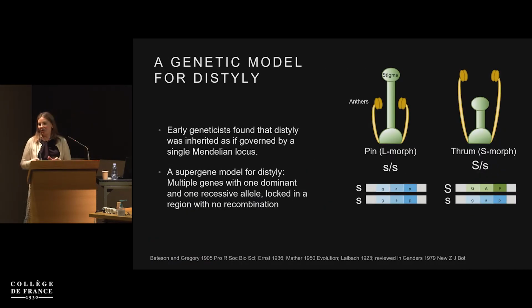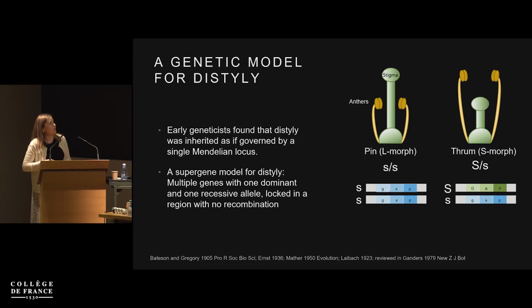Early geneticists were also really fascinated by Distyly, and through crosses they showed that it was inherited as if it was governed by a single Mendelian locus, with 1 dominant allele that was found only in thrums, and 1 recessive allele for which pins were homozygous. They did this first in Primula, but later on also in other Distylous systems, and in most of them it looks like this.